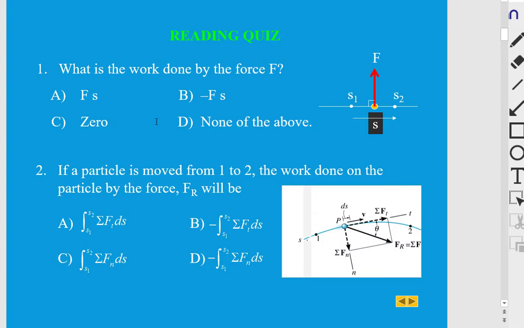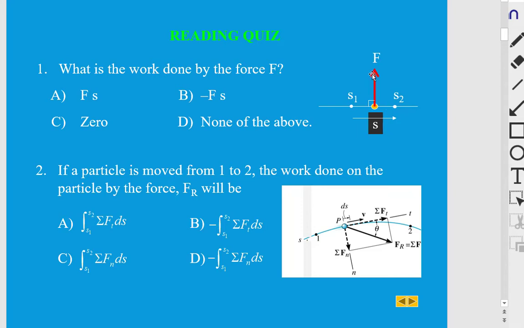Now, the answer for the first reading quiz: the question is asking, what is the work done by the force F, where F is perpendicular to the displacement or to the position movement S1 to S2. So let's say we have an object moving from position S1 to S2. During that interval, the force is always perpendicular to the path of motion.